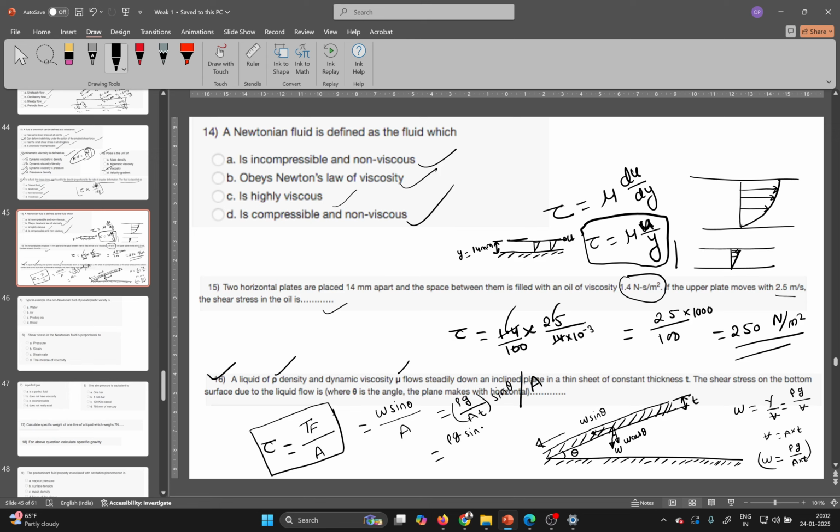Rho g sin theta into T. This is your tau, if I have not made any mistake.